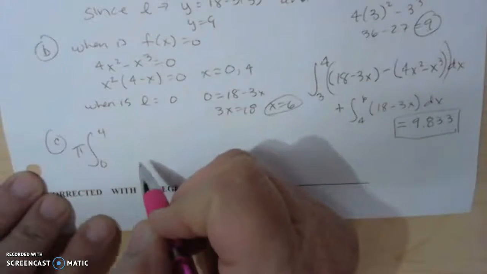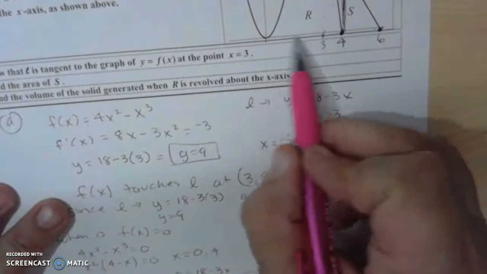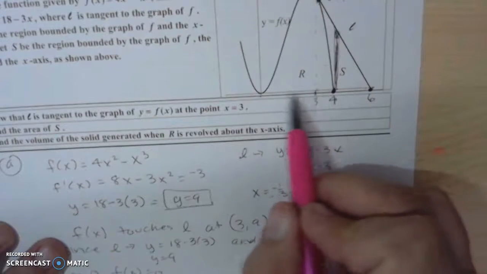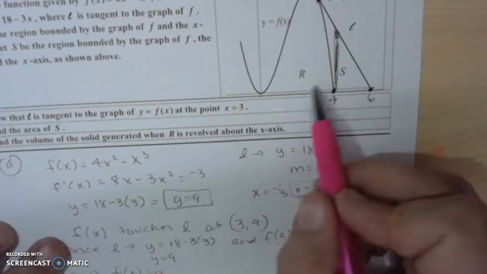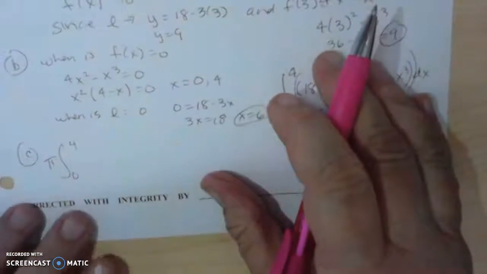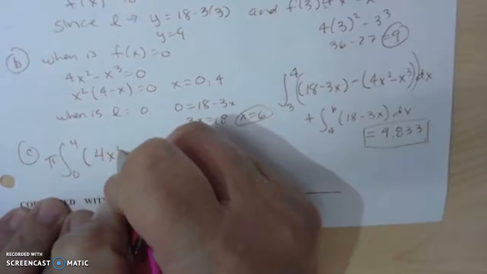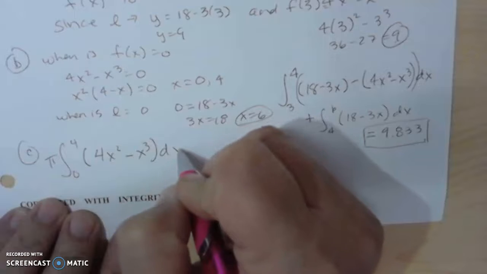I'm looking for volume. Is this a disc or a washer? Well, since I am going around the x-axis, and remember we talked about there's no space between the x-axis and my shaded area R. It's not really shaded, but you know. So then it must be a disc. So I just need one radius, and it's the f of x, 4x squared minus x to the third dx.